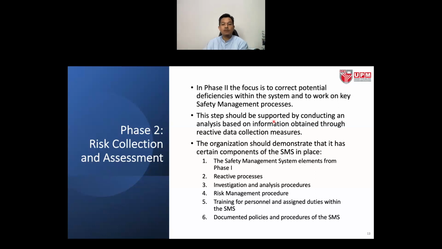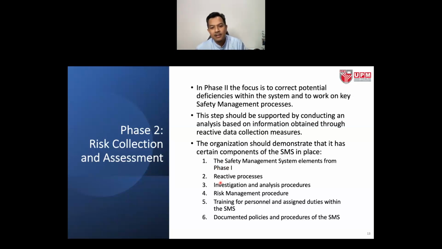This step should be supported by conducting an analysis based on information obtained through reactive data collection measures. So the organization should demonstrate that it has certain components of the SMS in place. And the first one is that they need to have the safety management system elements that have already been developed in phase 1, the organizational phase.